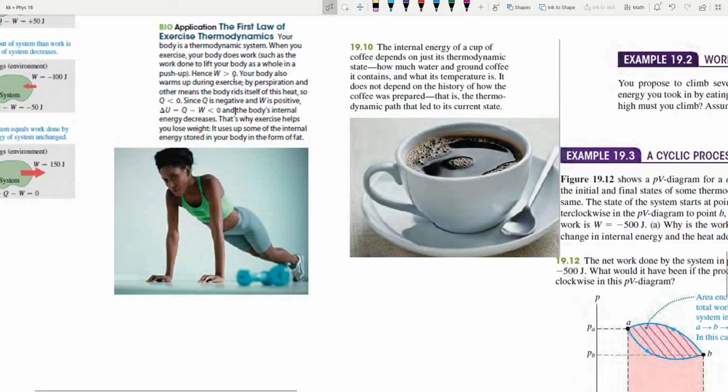Why is it positive work in this case? Why is it positive work? Okay, you're exerting force on the floor, kind of how a gas can exert force on a piston.